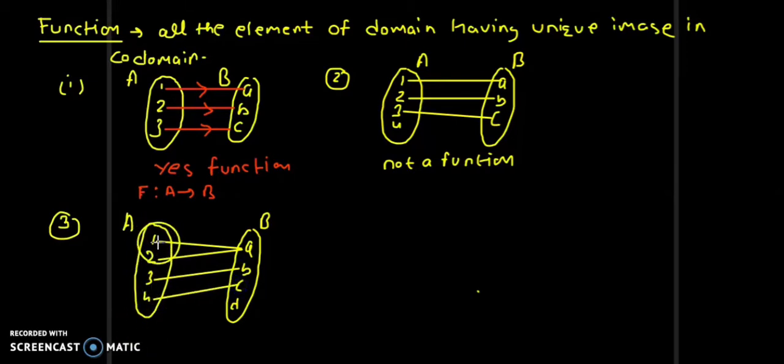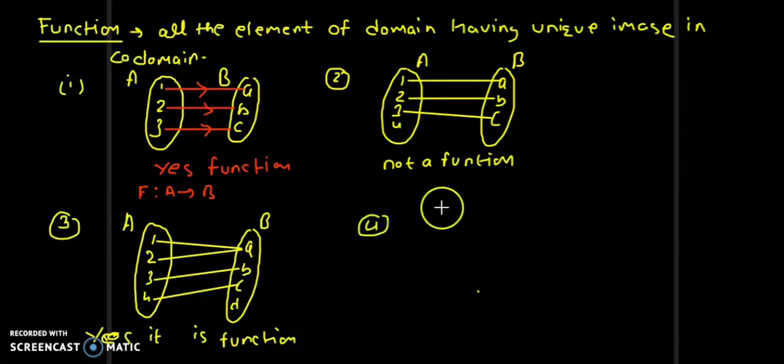All the elements have a unique image, and an element of B can be the image of more than one element. So yes, this is also a function. A unique image is necessary.